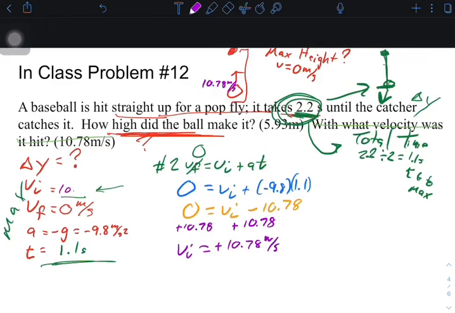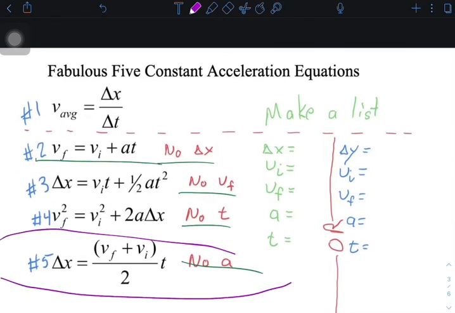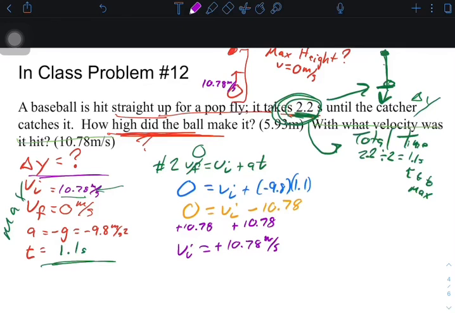Now, once we know that number, 10.78 meters per second, we can pick an equation for delta y. It doesn't really matter, once again, which equation. I'm going to use equation number 5. So equation number 5 says delta y is equal to VF plus VI divided by 2 times T. My final velocity at max height is 0.